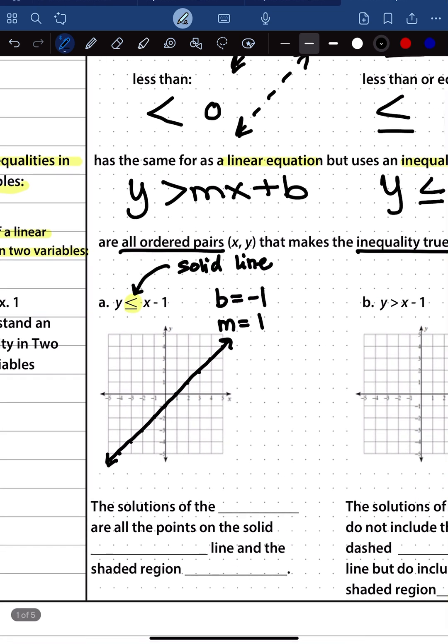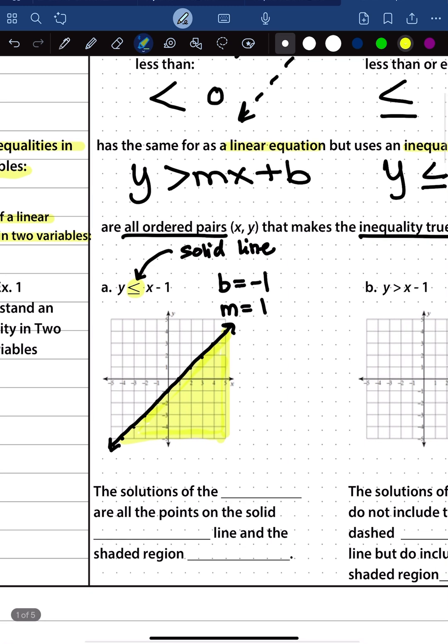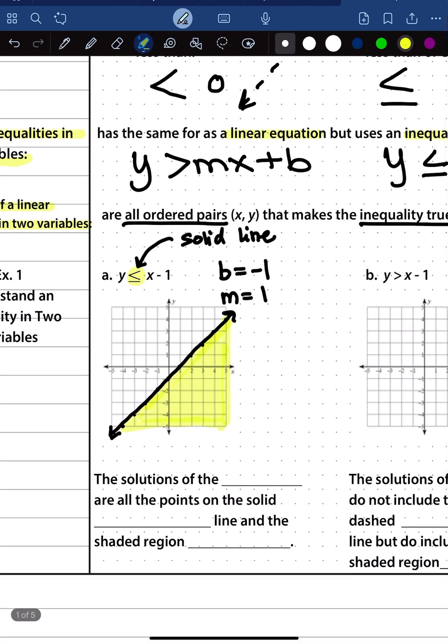Since y is less than or equal to, the less than region in this inequality is all this portion below the line. So any point on the line or in this shaded region would make the inequality true.